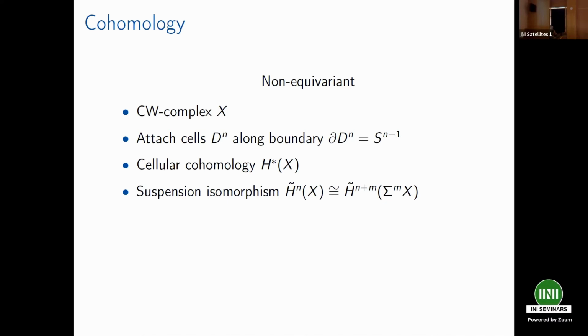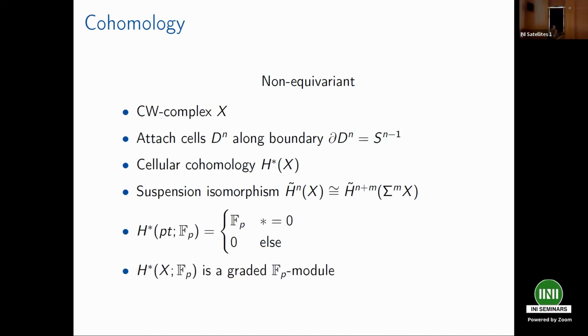It has lots of nice properties, but let me just remind you that one in particular is that it has a suspension isomorphism. I can take my CW complex X and smash with, say, an n-dimensional sphere, and that's the n-fold suspension of X. Then that just shifts the indices in cohomology.